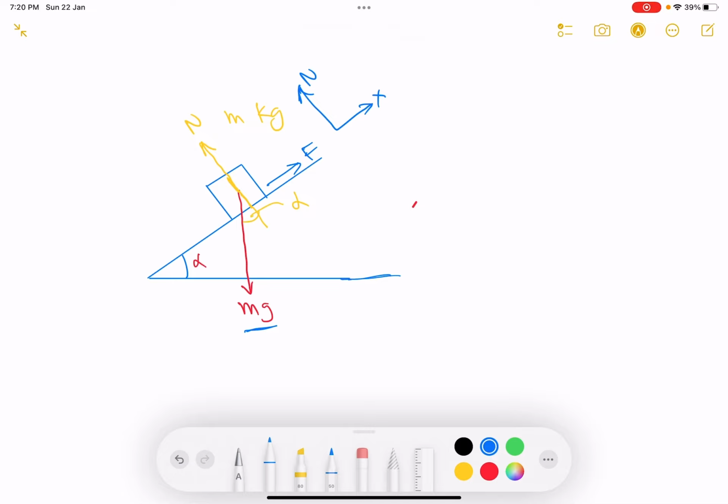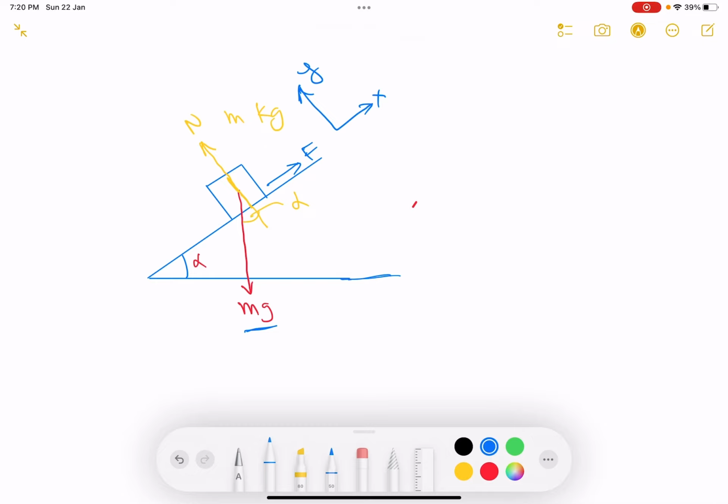I should have written this as y. This is x and y. Okay, so we want to resolve the force mg along the x direction. Now I want to invoke the earlier video, where I gave you steps.